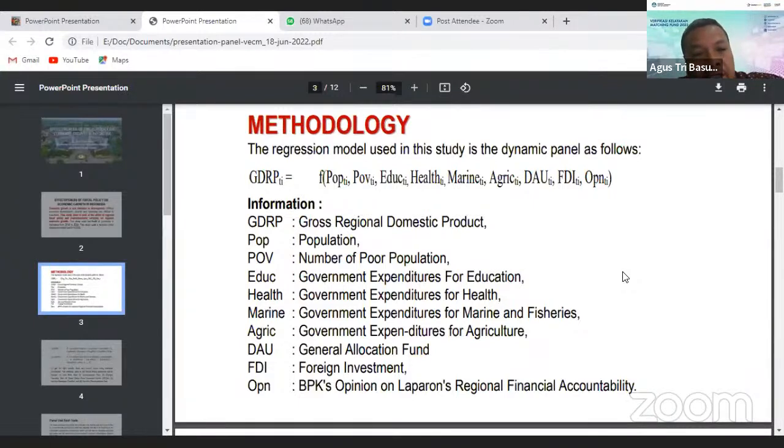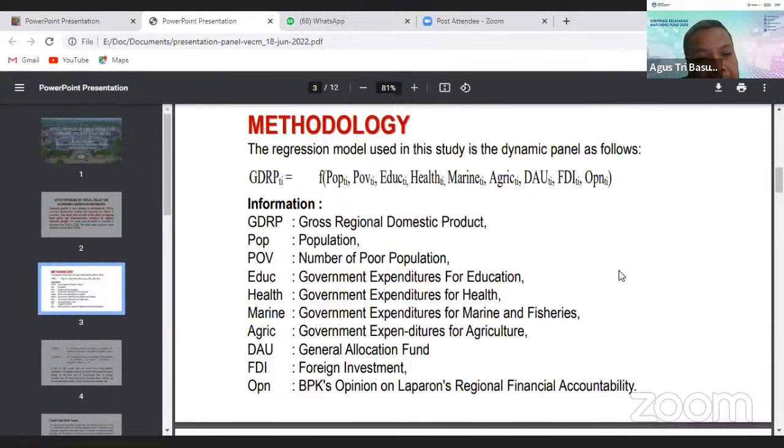This education is the education budget, or government expenditure for education. Health, government expenditure for health. Marine, government expenditure for marine and fisheries. This is government expenditure for agriculture. And DAU is the General Allocation Fund, FDI is Foreign Direct Investment.